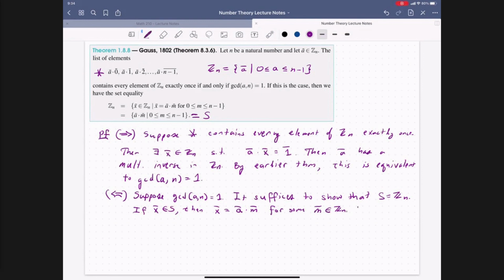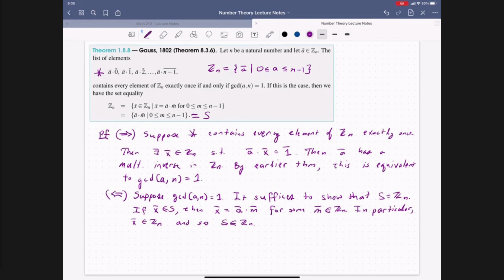So in particular, we have that x bar is in the integers modulo n, and so we have that S is contained in the integers modulo n. And so now we want to show the converse.